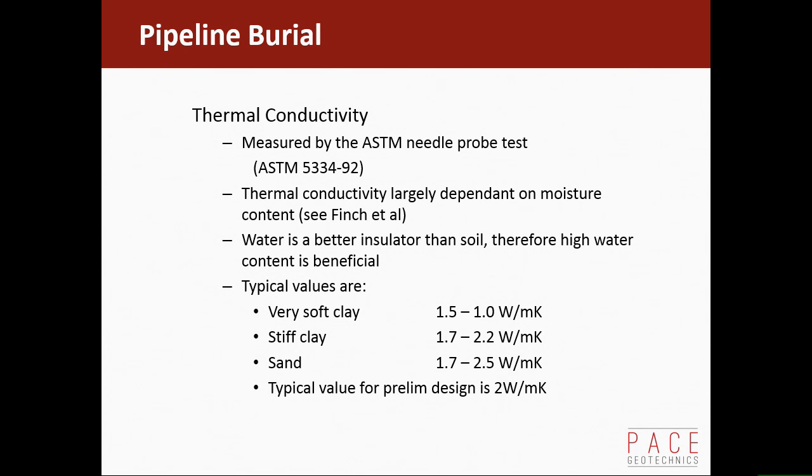So some typical values there: very soft clay, low thermal conductivity. Very soft clay will tend to have a high water content, so it's a low thermal conductivity.